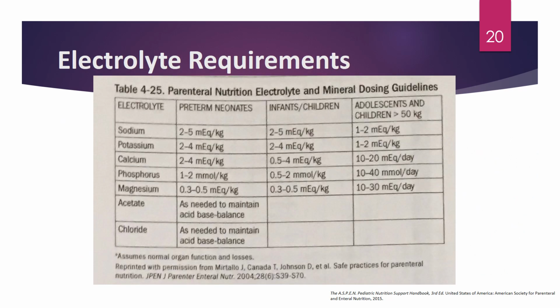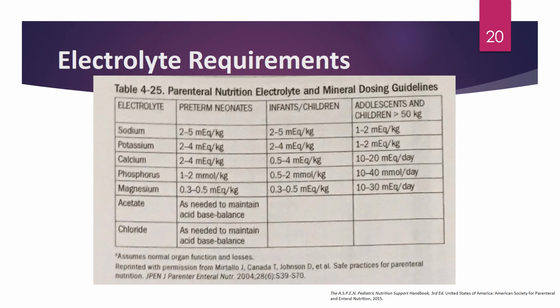This slide details electrolyte requirements for our preterm neonates, our infants and children, as well as adolescents. You see here that the ranges are much higher in per kilogram dosing compared to our adults. For example, in our adult patients for sodium and potassium, we typically recommend 1 to 2 milliequivalents per kilo.